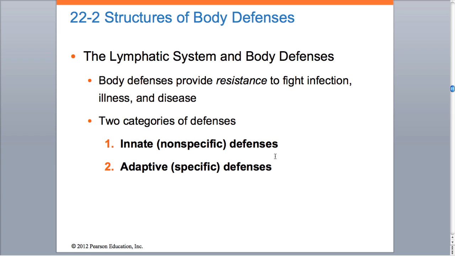Okay, this is a new slide now. On this slide, we have a big issue. This is where our chart is now going to come into play. Anytime we talked about nonspecific, I mentioned that nonspecific will be level 1, level 2. Then specific will be level 3, level 4.